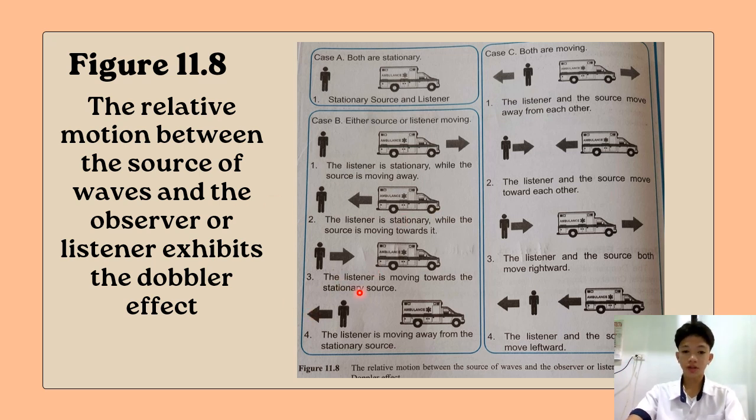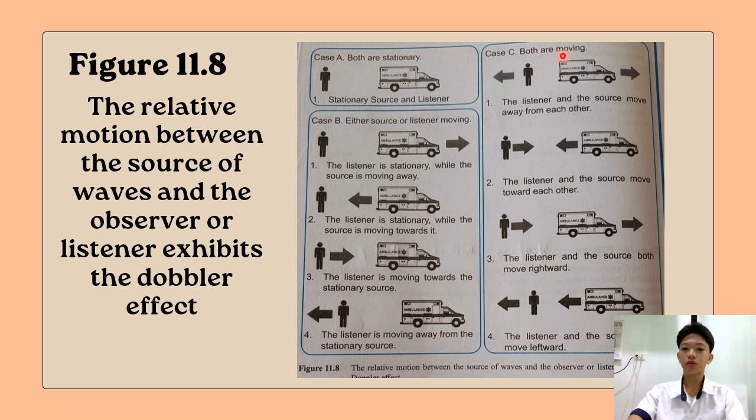The third is the listener moving towards the stationary source. Next, the listener is moving away from the stationary source. As you can see, person A is moving away while the source is stationary.